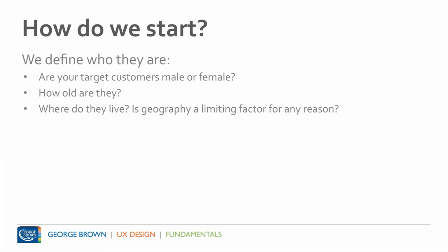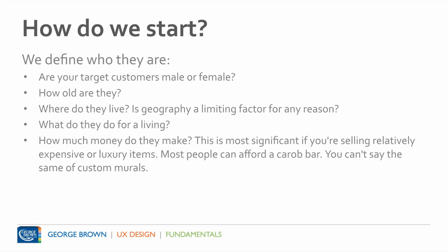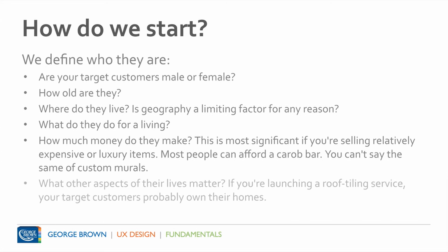Is geography a limiting factor for any reason? What do they do for a living? How much money do they make? Now, this can be important sometimes, especially with luxury items. And sure, there are other aspects of their lives as well. For example, if you're launching a roof tiling service, your target customers will probably need to own homes. If you're launching a car detailing shop, you'll likely need to target users who own vehicles.